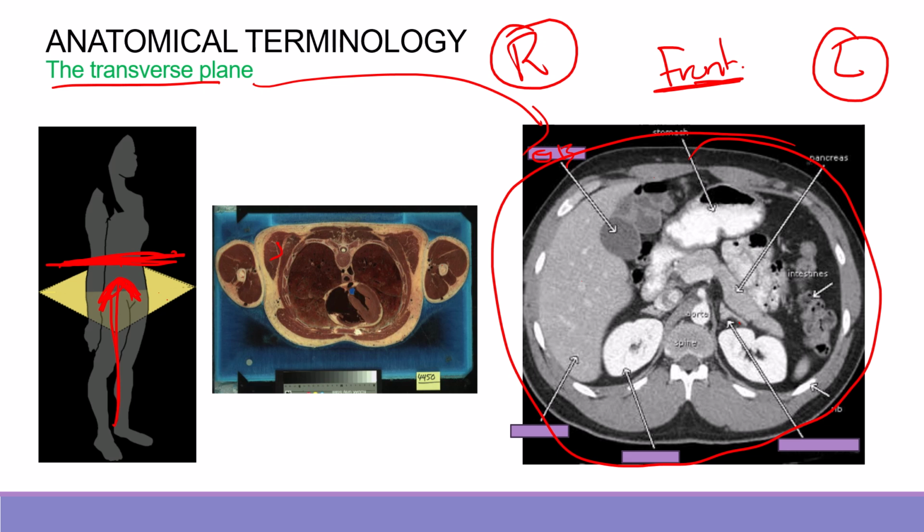It's important to know the terms, the cross sections, and what is right and what is left, and of course to learn anatomy based on regions more than systems, because the kidneys are part of the urinary system, while the liver and gallbladder are the digestive system, and the pancreas, which is here, is endocrine and digestive system. So learning anatomy based on systems will not help you too much, because in reality in the human body you have all the organs at once.